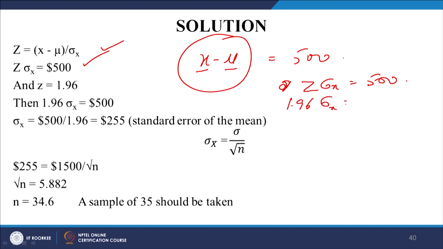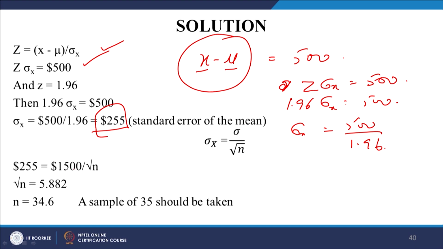So, what is my sigma x? Sigma x is equal to 500 divided by 1.96, which is equal to 255. If this is 255, what is my standard deviation? The population standard deviation was 1500.